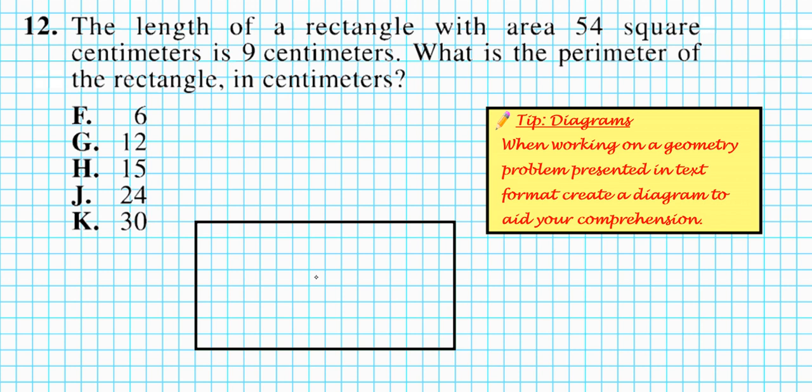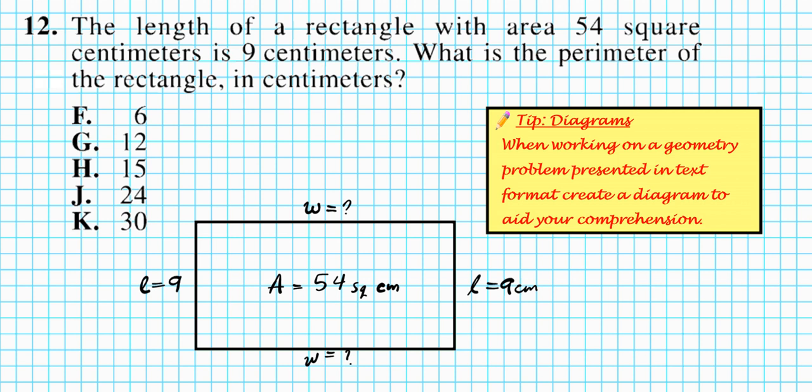The area, this enclosed region right here, is 54 square centimeters. The length is 9 centimeters. So this is 9 over here, and this is also 9. What's the width? It's not provided, so the width is unknown.